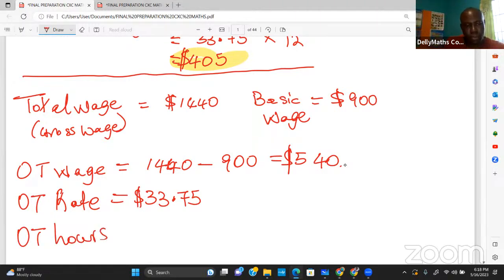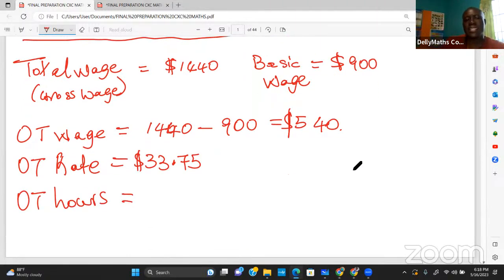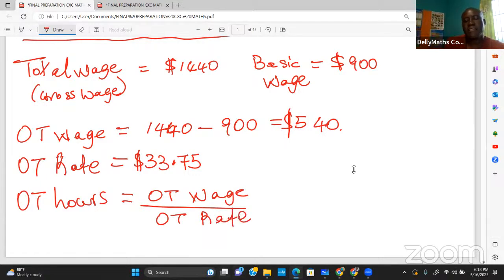My overtime hours can easily be calculated by dividing my overtime wage by the overtime rate. Think about it: divide the wage by the rate I'm working. So you're talking about 540 being divided by 33.75. And if I do that, I'm definitely going to see the hours that it would take.